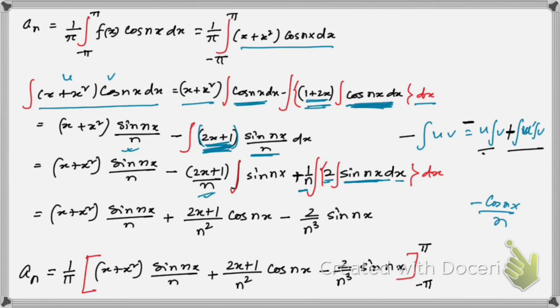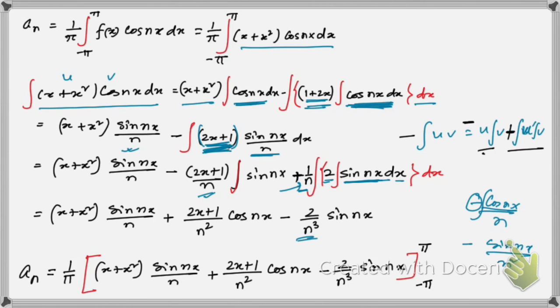Again, if you integrate this cos nx, this minus plus, it becomes minus, right? Again, if you integrate this, then you will get minus sine nx by 1 more n, that will be n square, and n square into this n, that becomes n cube, right? So hope you have understood this.